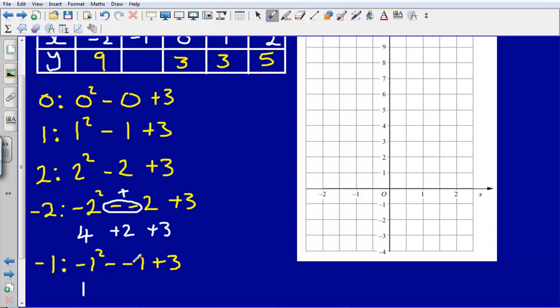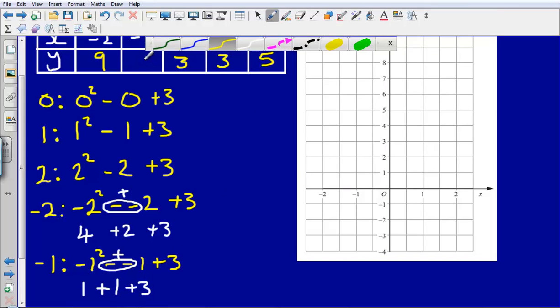Then I've got two negatives next to each other again, so whenever you see that, we can think of that as being a plus. Then we've just got that plus 3 on the end, and so my value here is simply going to be 5. So that gives us our values and our coordinates that we're then going to plot.